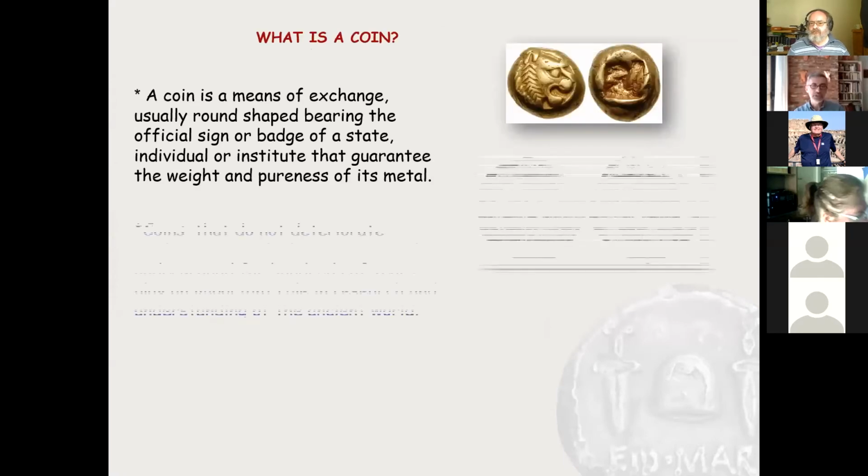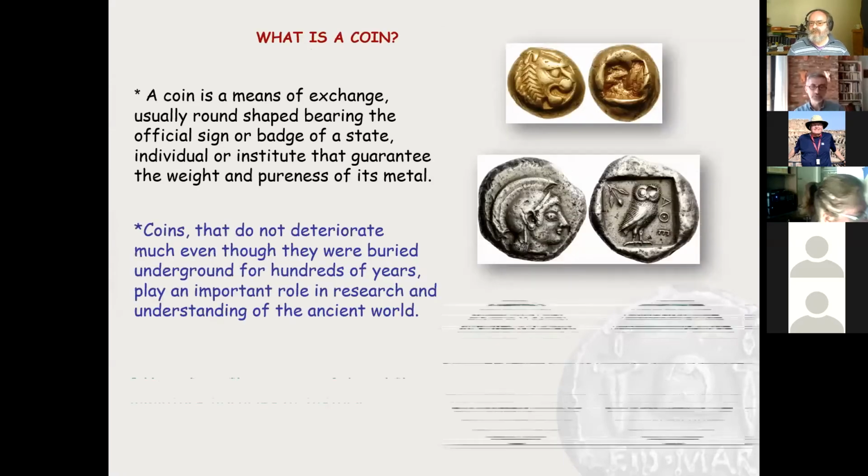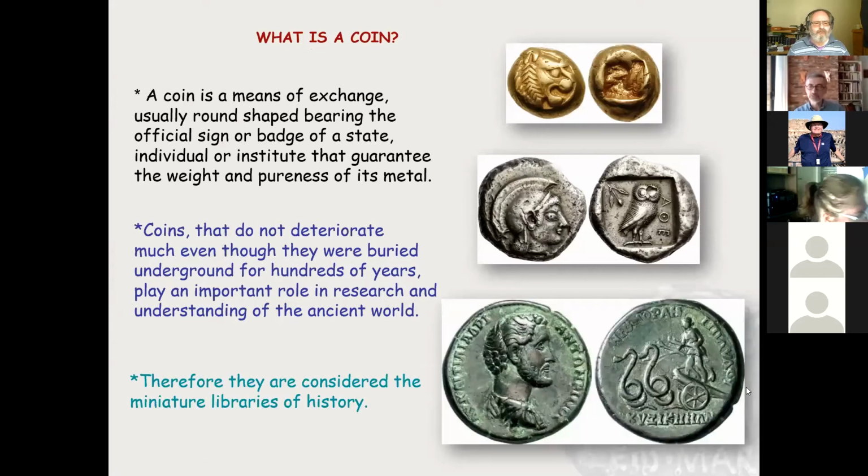For those who are not familiar with ancient coinage, I have this slide, but most people here will know what ancient coins are. It's a means of exchange, usually round shape, bearing the official sign or badge of a state, individual, or institute that guarantees the weight and pureness of its metal.